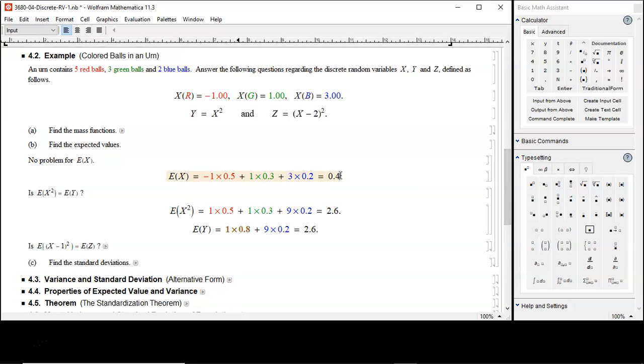I could keep this whole thing, same probability, 0.5, 0.3, 0.2 for capital X, and then I can consider -1 squared. As a matter of fact, this part would have been better, -1 squared.